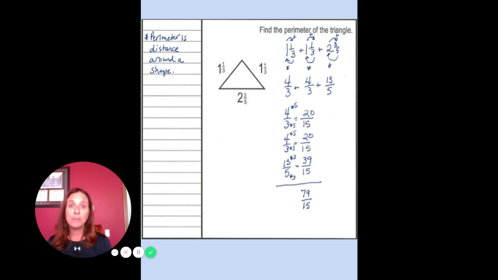That's about as close as we can get. So 5 whole 15s, 5 would be your whole part. And then 79 minus 75 leaves us with 4. So that would be our new numerator. So 5 and 4/15ths would be the mixed number to go along with that improper fraction.